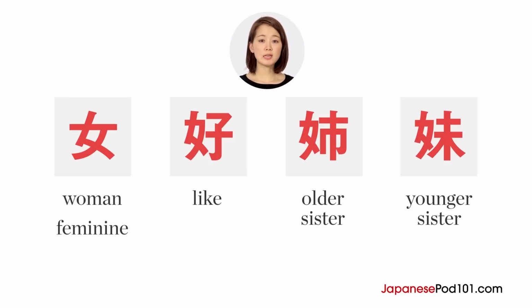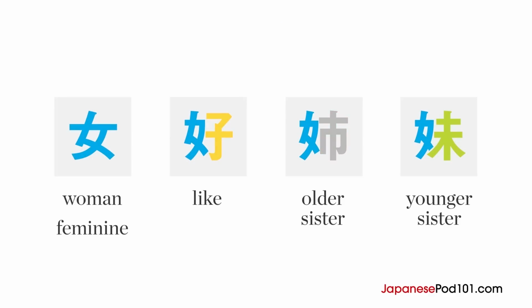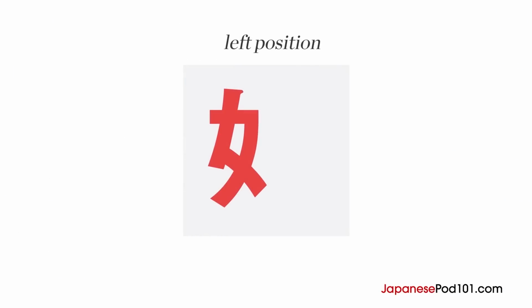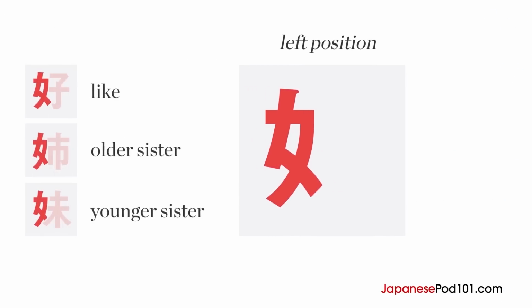Can you see how the meaning of all these kanji characters, which use the woman radical, relate to woman or feminine in some way? By identifying the radicals in kanji, we can figure out the meaning of the character itself. The woman radical most commonly appears in the left position, as can be seen in the original examples.